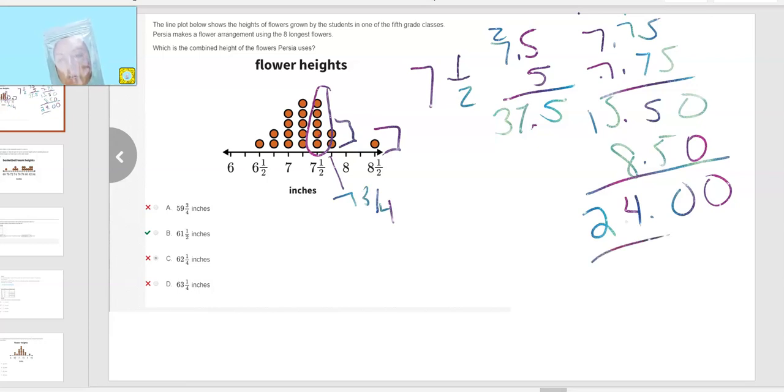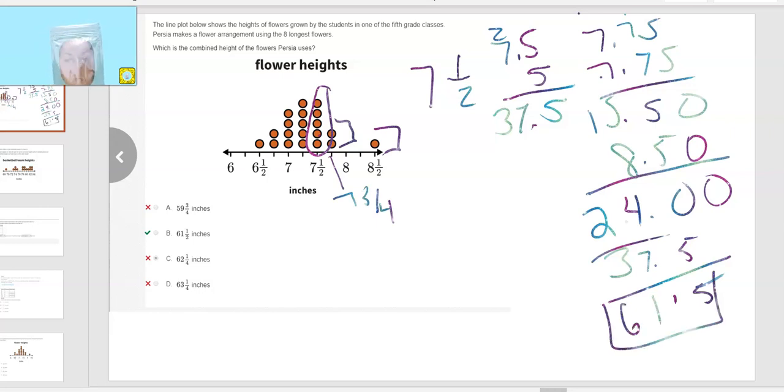And then you've got to add this 37.5 from before. So 0.5, 7, 8, 9, 10, 11, 5, 61.5. Which is the same as 61 1/2, which is the right answer.